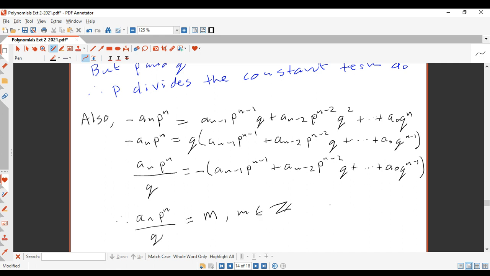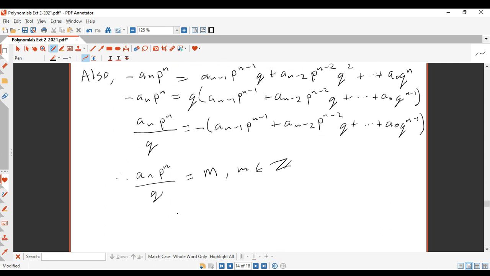Right. Now we know that q and p have no common factors, so q must divide the leading coefficient. But p and q have no common factors because they told us that in the question.